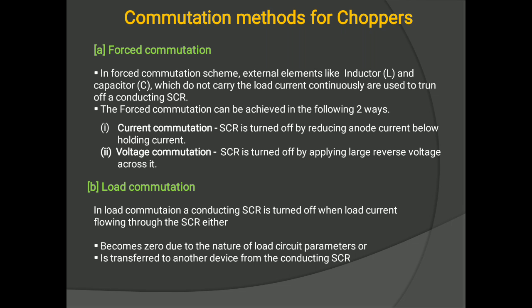The sudden application of reverse voltage across the conducting thyristor reduces the anode current to 0 rapidly. Then the presence of reverse voltage across the thyristor helps in the completion of the turn-off process. In both voltage and current commutation, commutation is initiated by triggering an auxiliary thyristor.